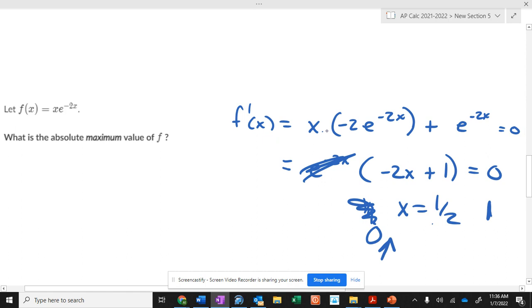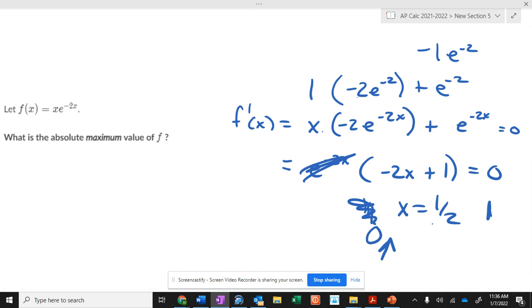Let's put in a 1 now: 1 times negative 2e to the negative 2, plus e to the negative 2. So negative 2 plus 1 is negative 1 times e to the negative 2.